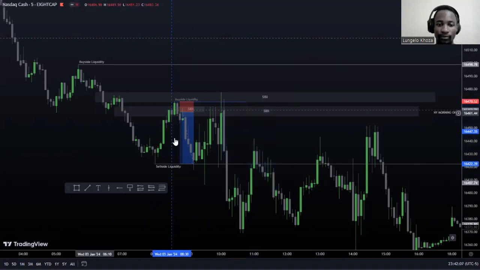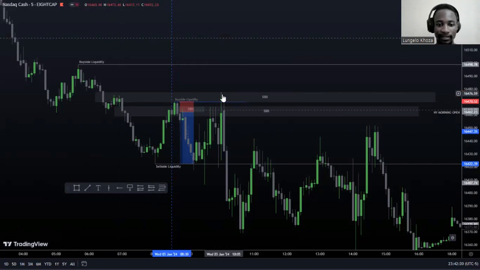The reason is what you're looking for is for liquidity to be taken. You're waiting for a CB, if it's bearish, to be created, then you're waiting for price to come there, and then go lower to target the liquidity on the opposite side. You can see liquidity was taken here, and was also taken here.